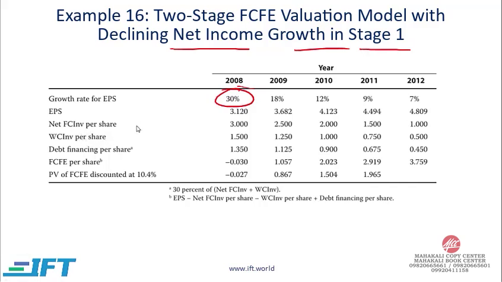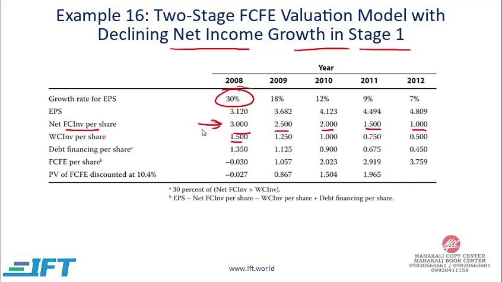We are given fixed capital investment per share. These numbers are actually given as part of the question. And then also the working capital is given as part of the question. You are told, in fact, that the working capital investment every period is half of the fixed capital investment.